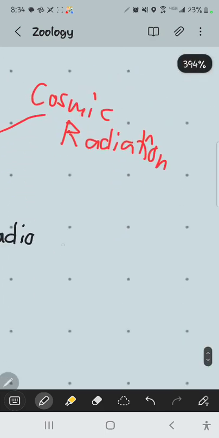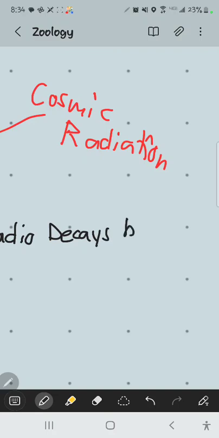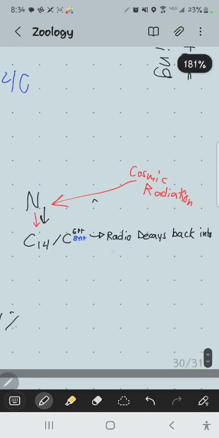As the radiation is released, one by one, neutrons are converted back into protons, and this is converted back into nitrogen-14.